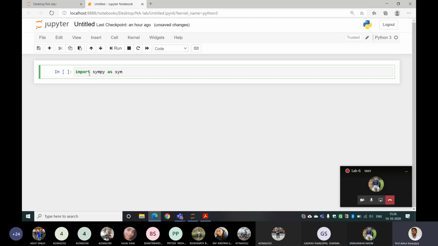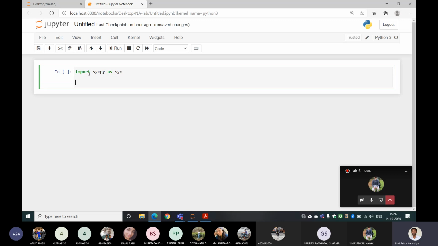Someone said some function, x cube or something. Just repeat, I will differentiate that one. Differentiation of x cube plus 3 into x with respect to x, right?